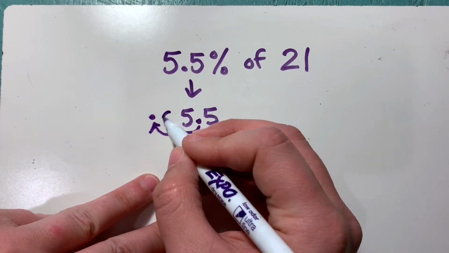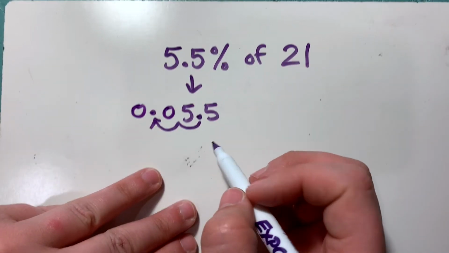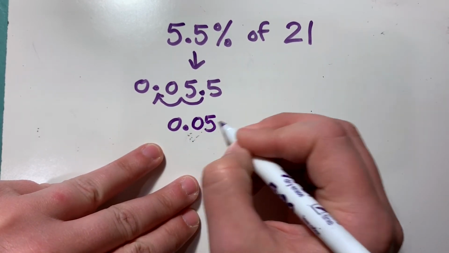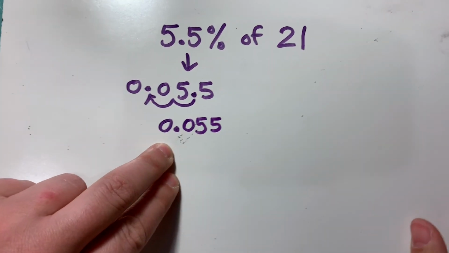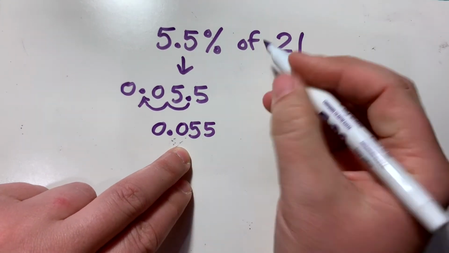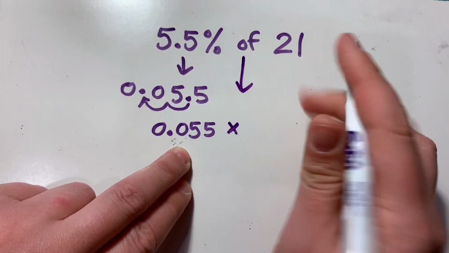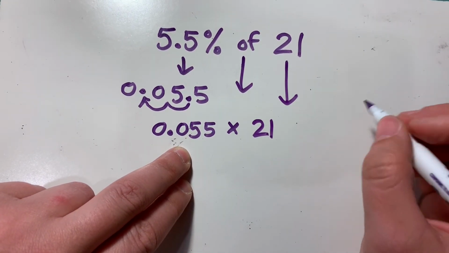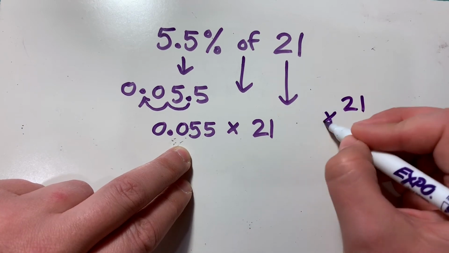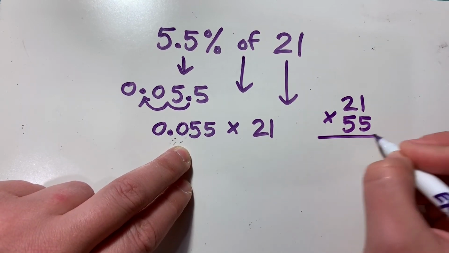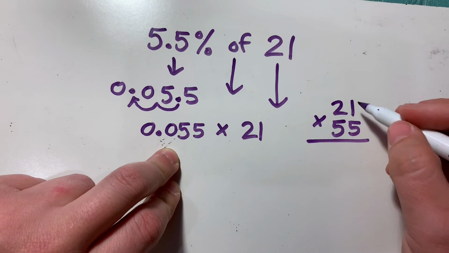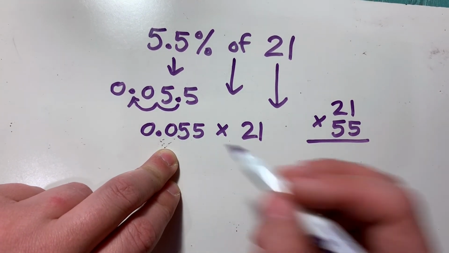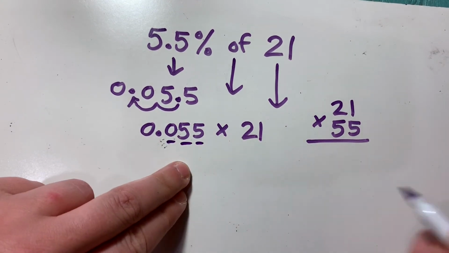That looks a little strange, so let's clean that up. 5.5% as a decimal is 55 thousandths. We're going to multiply times 21. Again, for being efficient, I'm going to multiply my non-zeros, and then I'm going to add in my zero. I can add my decimal at the end because I know it's going to go 1, 2, 3 places.